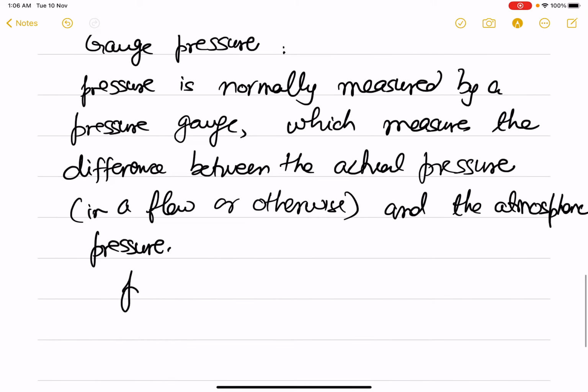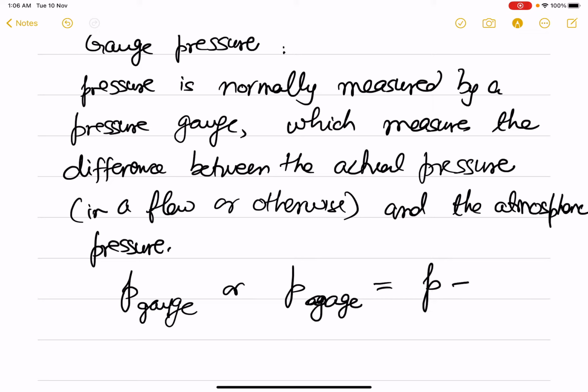So, gauge pressure, which we write as P gauge, or sometimes P GAGE, is equal to P minus P atmospheric.